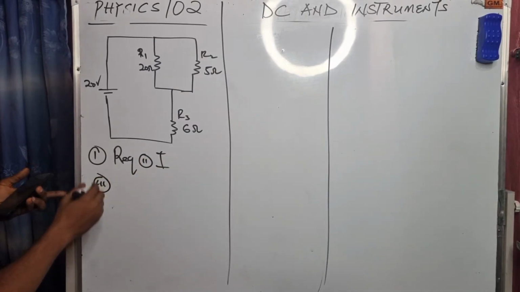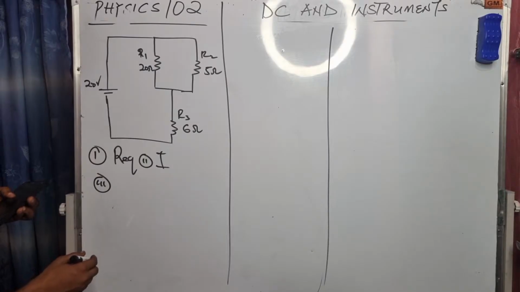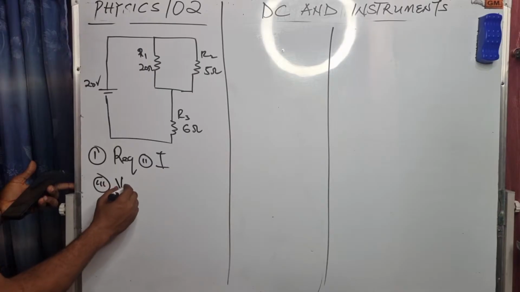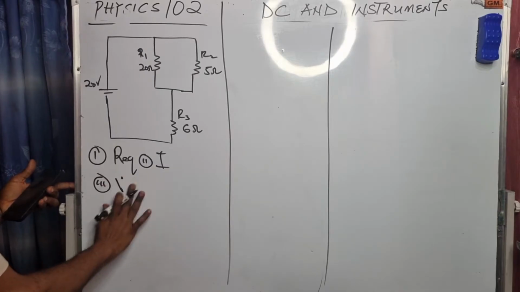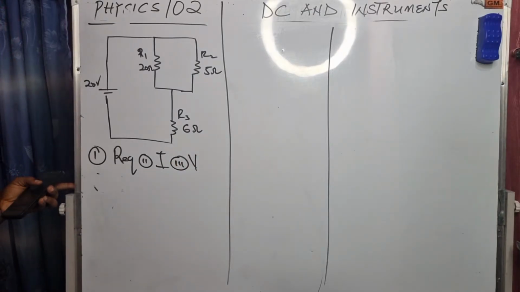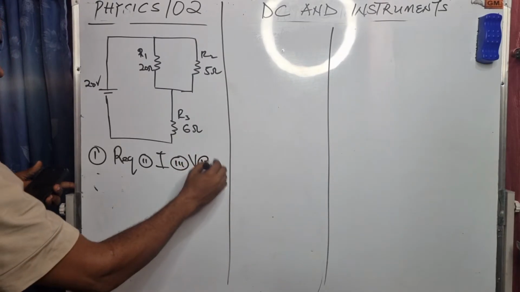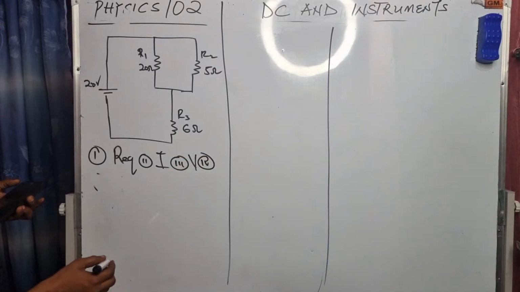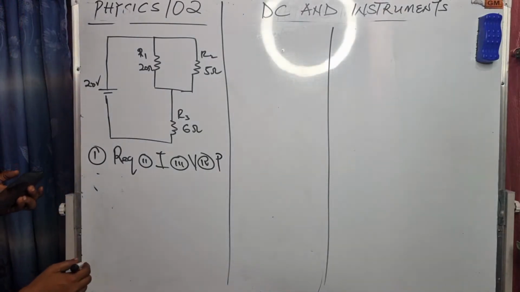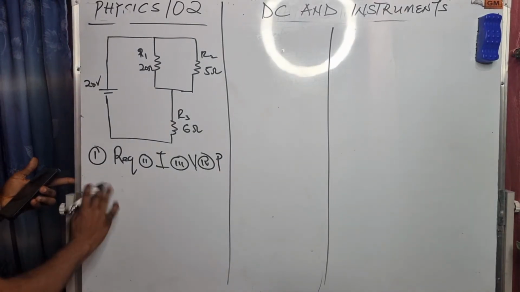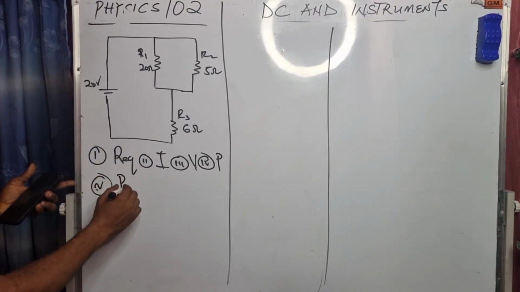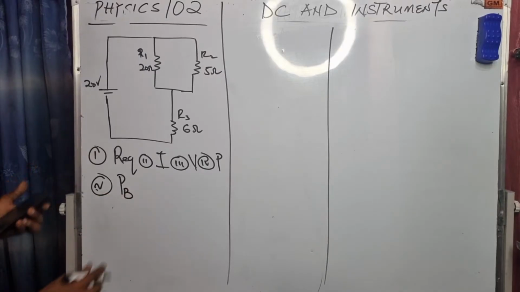Number 3, the voltage across each resistor. Number 4, power absorbed by each resistor. The 5th one, power delivered by the battery. Let's call that PB.